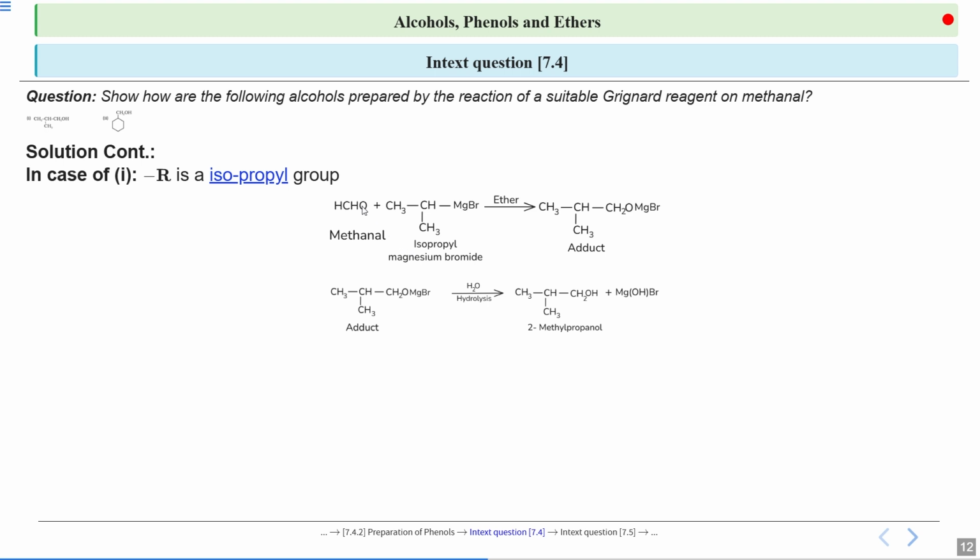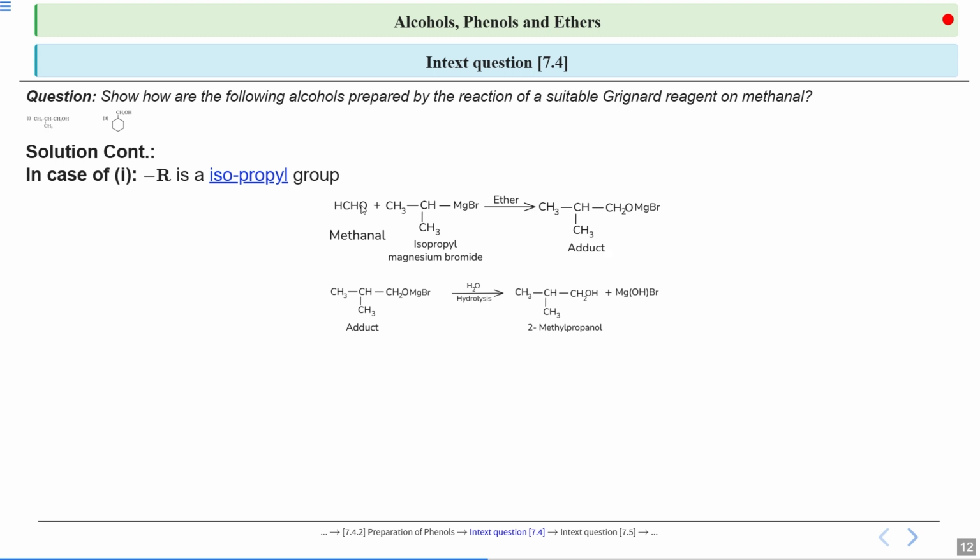In the C double bond O, carbon will develop a partial positive charge and oxygen will develop a partial negative charge. And here your Mg, being a metal, will get a partial positive charge and this R group, that is the isopropyl group, will get a partial negative charge. So this group will attack this carbon, which is electron deficient. So to this methanol, this isopropyl group has attached.